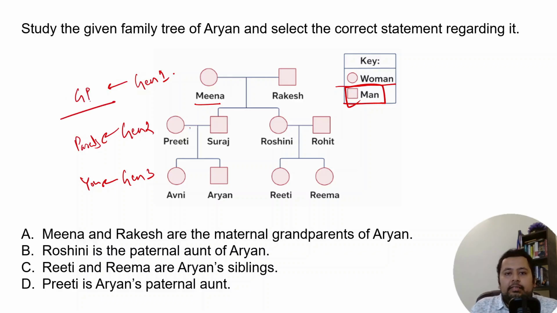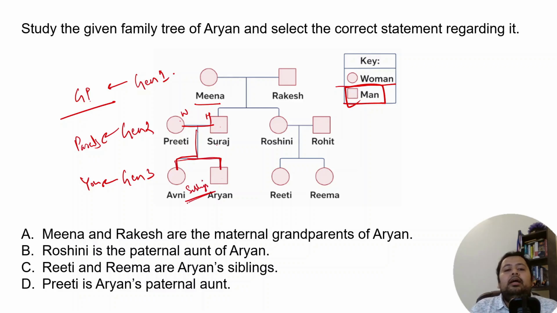Now whenever two people are connected through a straight line, they are husband and wife. So Preeti here is wife, Suraj is husband, and obviously Suraj is Aryan's father. And when there are two branches coming up in the next generation, that means they are children of Suraj and Preeti. When two people are connected through two branches, they are siblings, right?